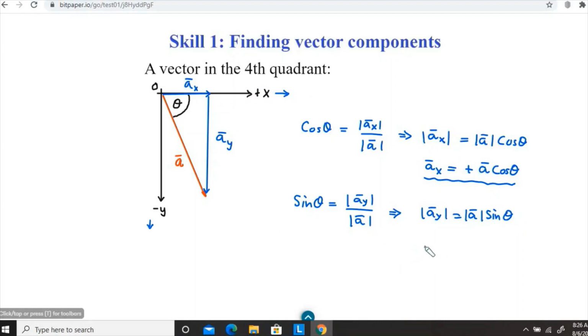But remember, if you represent vector ay, then it will be negative because that vector is pointing along the negative y direction. So remember to put the negative sign. You'll have negative vector a times the sine theta. So that's how you represent the component vectors if the vector is aligned in the fourth quadrant.